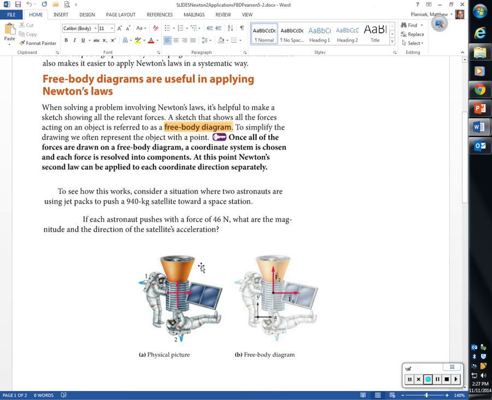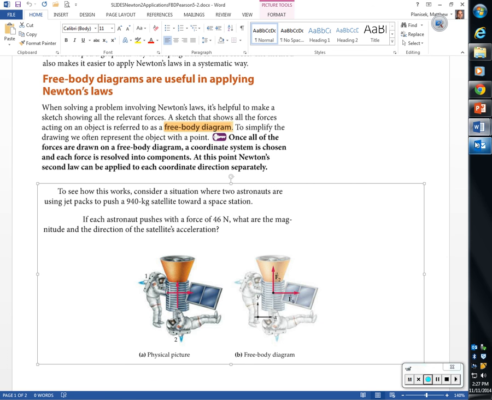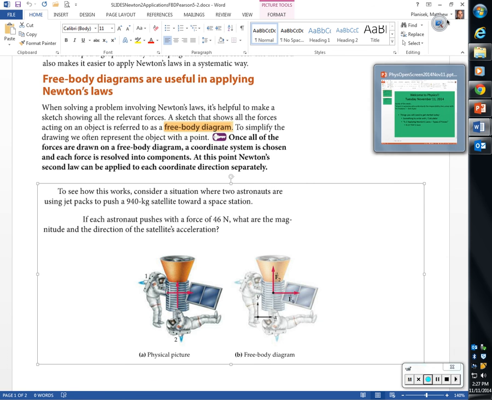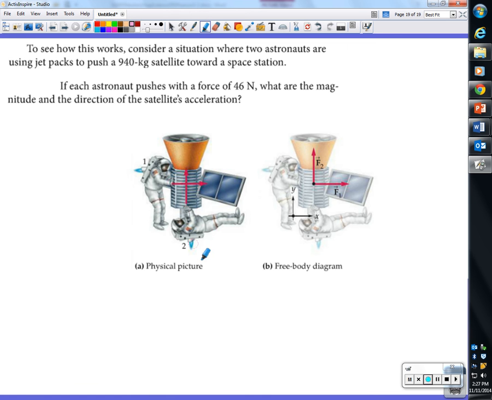So here, let's do this. Let's copy this. If this is our free body diagram, let's say we added a third force. In the video, we did this.